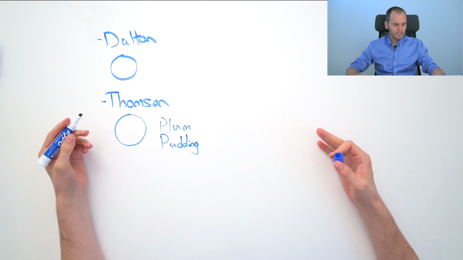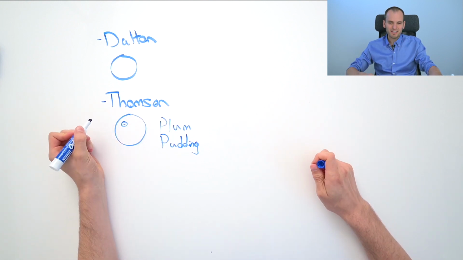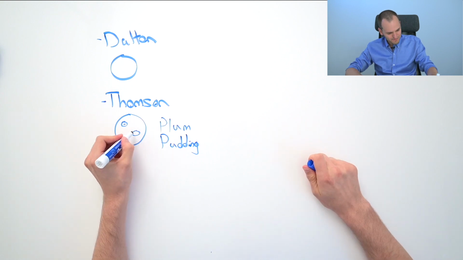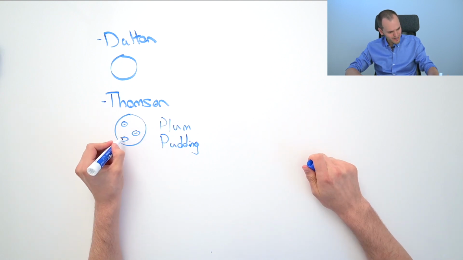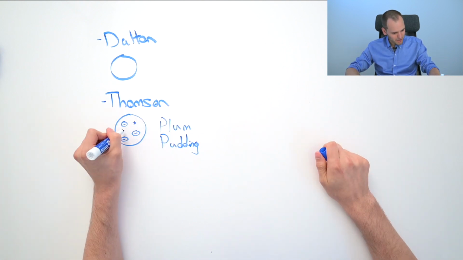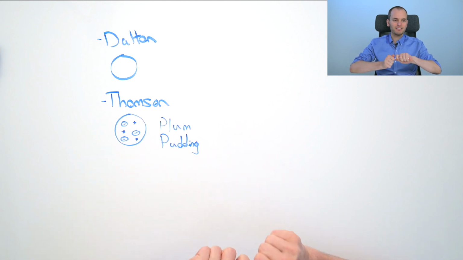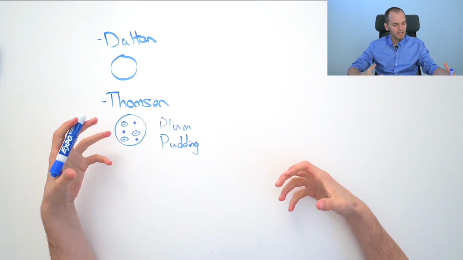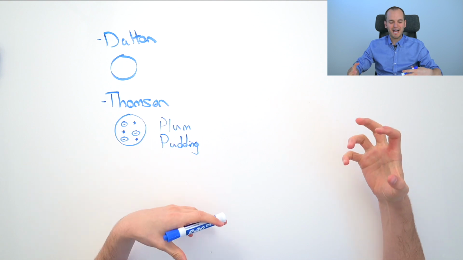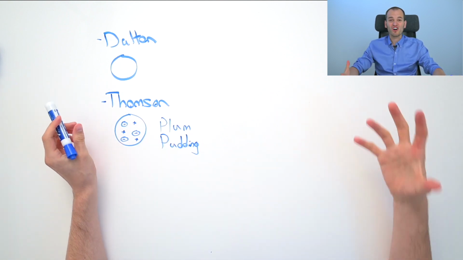The plum pudding model had something negatively charged floating around inside a pudding that was positively charged. So for the plum pudding model that Thomson came up with, he knew that inside this atom, unlike what Dalton knew, we have some charged things.